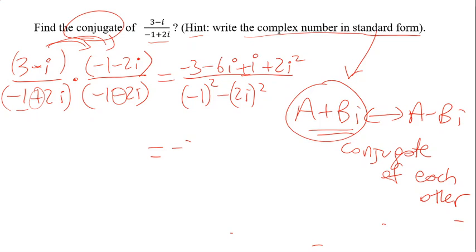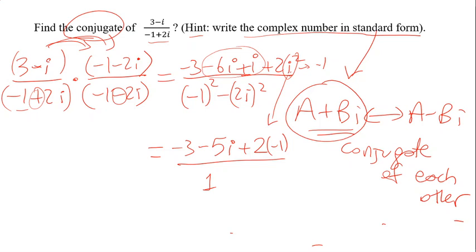And here negative 3, and then combine the I's here. So this is minus 5I, and minus 2 because of this. You can say plus 2 times minus 1. And in the denominator, from 1, minus 4 times minus 1, it's because of the I squared.